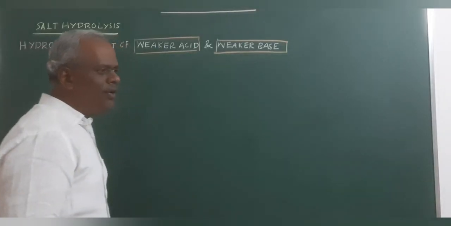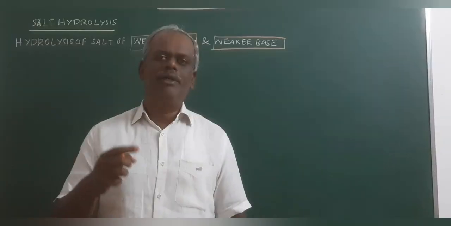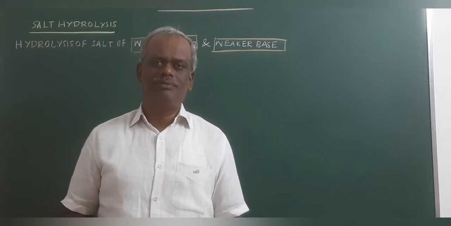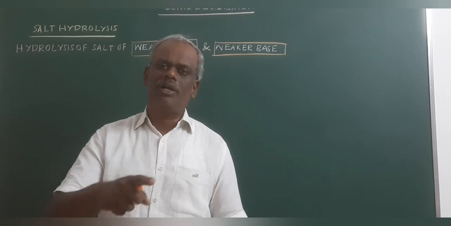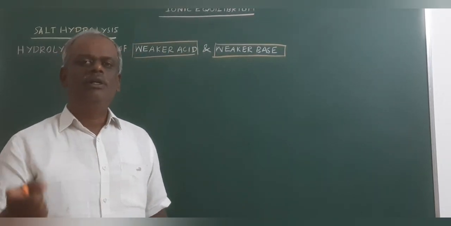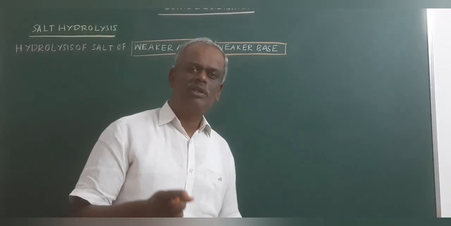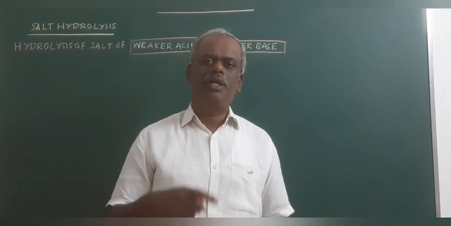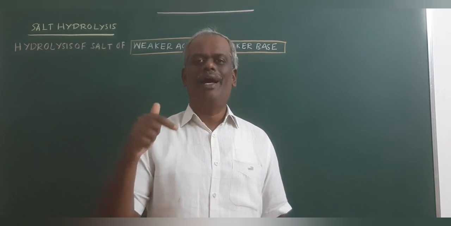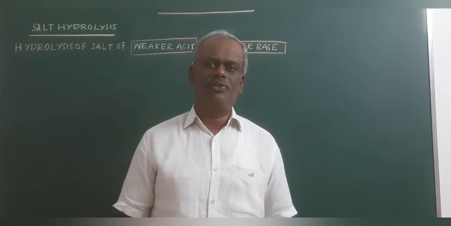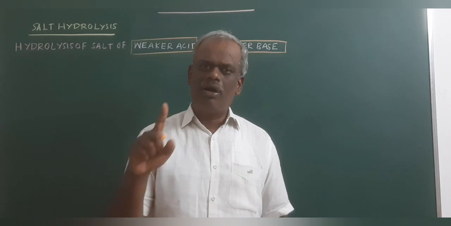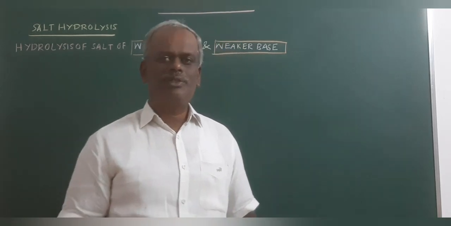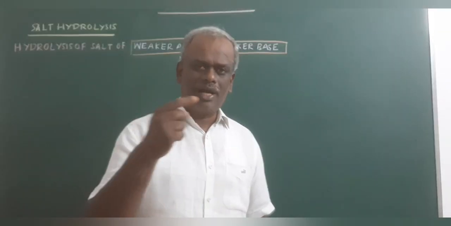In the earlier video classes we discussed the hydrolysis of the salt formed from stronger acid and stronger base, the salt from stronger base and weaker acid, and the salt from stronger acid and weaker base. They were all given in the earlier video classes, and this is a continuation of that.